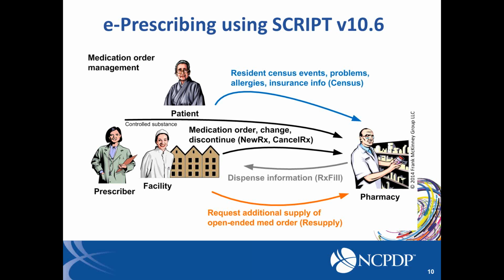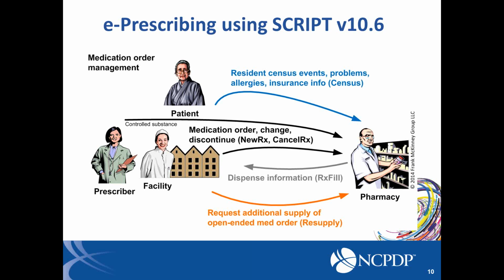Then moving down, the next arrow shows the e-prescriptions, the two black arrows. The top one represents a controlled substance where that message is going to originate directly from the prescriber, and this is for compliance with the DEA's rules regarding electronic prescribing of controlled substances.